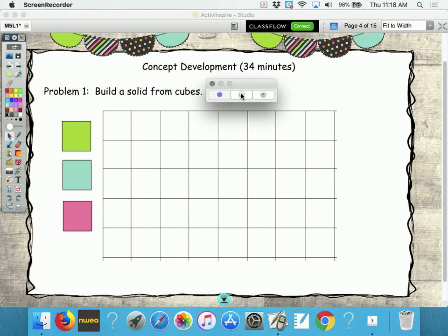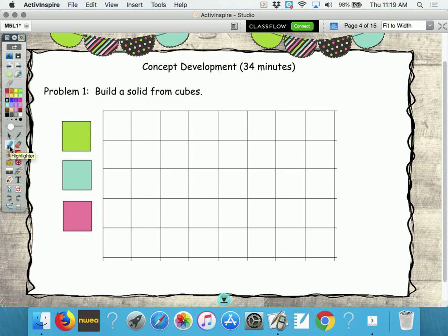Okay, the first direction I want to give you is, I want you to shade in 4 squares in the shape of a square with your colored pencil. Yes. We're not going to use this page very much, so you can put it anywhere on the page.